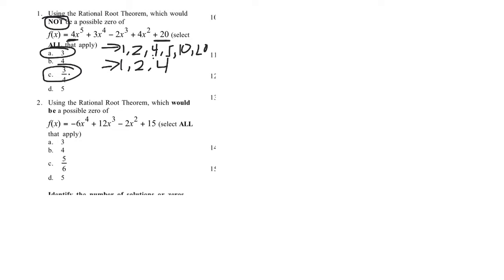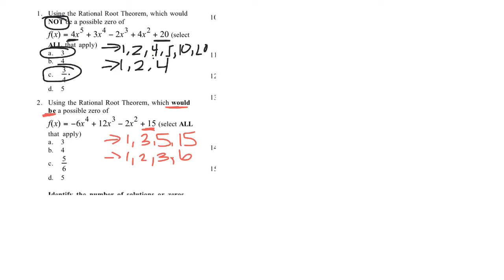Now when you look at question number 2, which would be a possible zero, so now we're looking for ones that are possible zeros. So we have the factors of 15: 1, 3, 5, 15, and of 6: 1, 2, 3, and 6. So any combinations of these, again, numerators over these denominators.